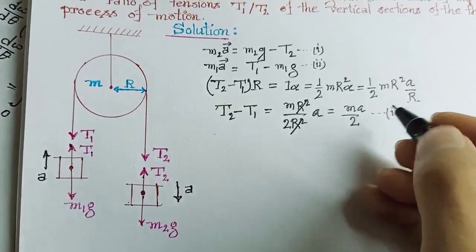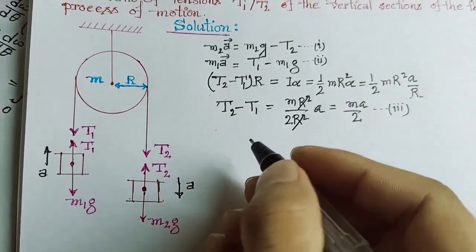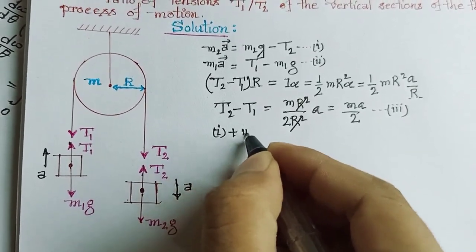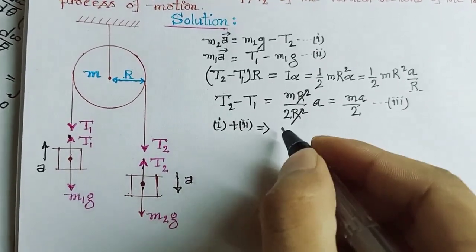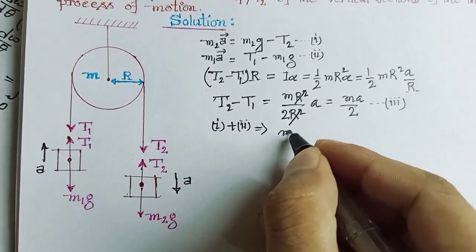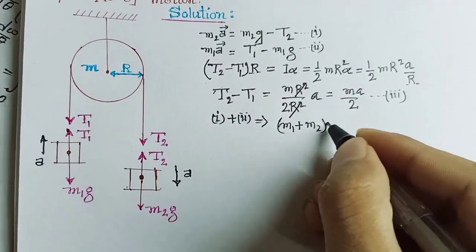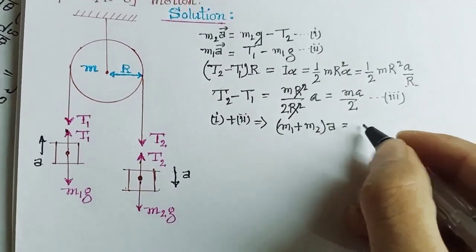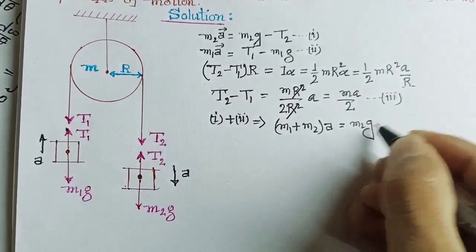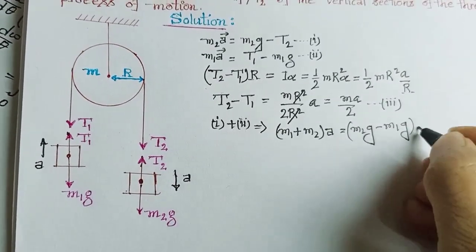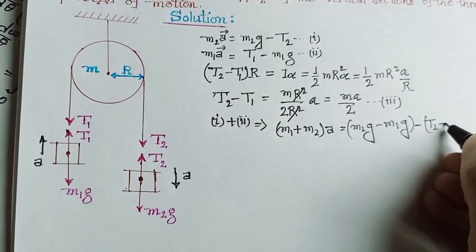Now we will add equation number 1 and 2. Adding equation 1 plus 2, we get m1 plus m2 multiplied by acceleration is equal to m2g minus m1g minus T2 minus T1.